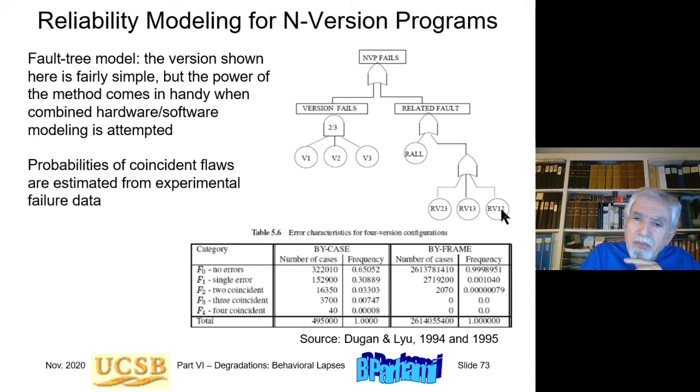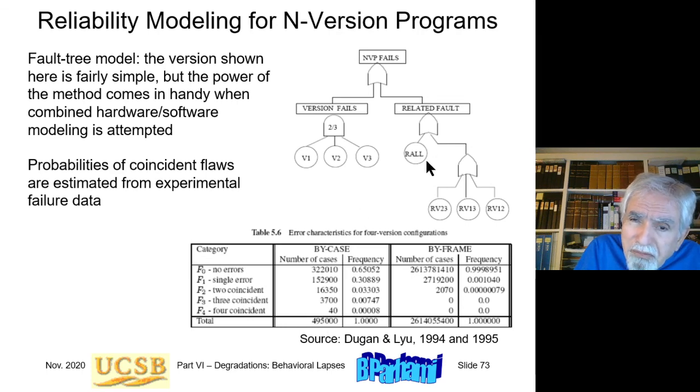Now, these dependent malfunctions of 2 units or all 3 units, here's an example from a 4-version software experiment. You see that the number of observations where there was no error is pretty large, 322,000, whereas the cases where all 4 malfunctioned is 40.